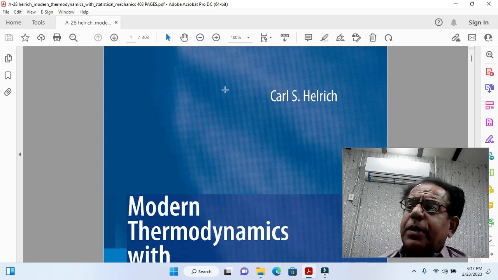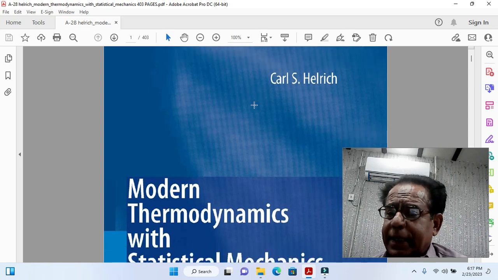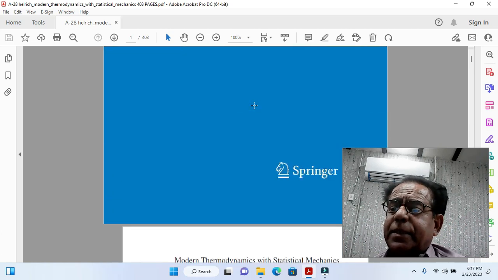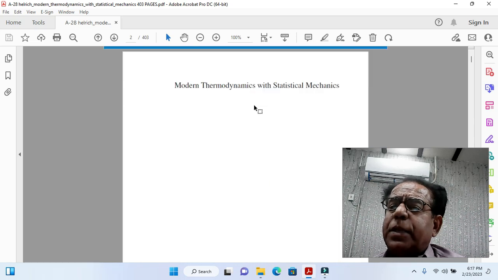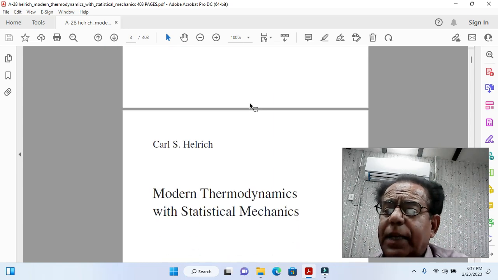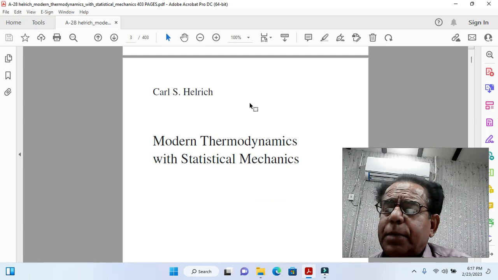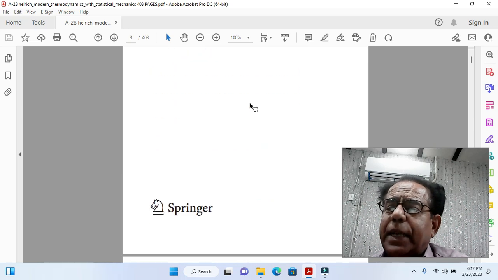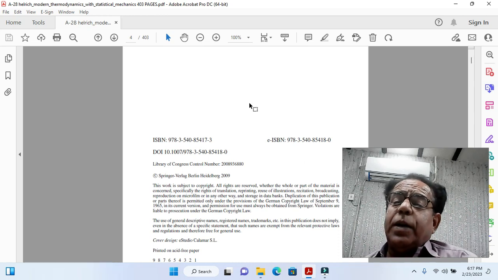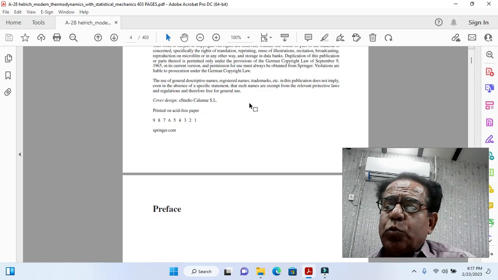Anyhow, Carl S. Helrich, Modern Thermodynamics with Statistical Mechanics, Springer is its publisher. This book was published in the year 2009.